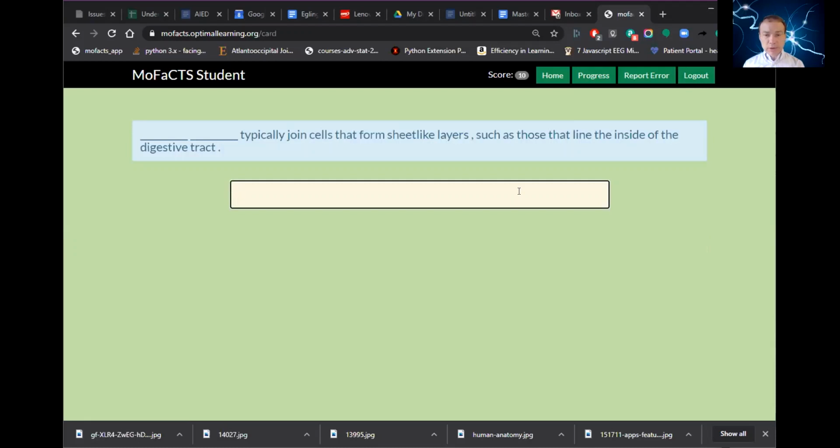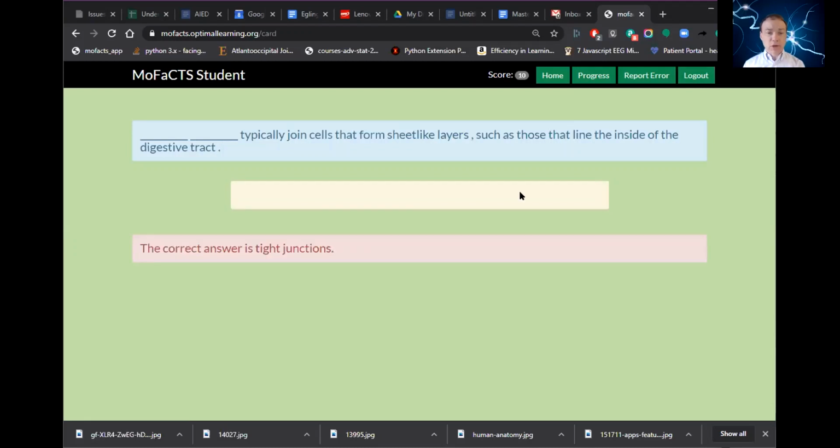Blank typically joins cells that form sheet-like layers, such as those that line the inside of the digestive tract. I don't know. Tight junctions. Oh, okay, that makes sense. Packed together.